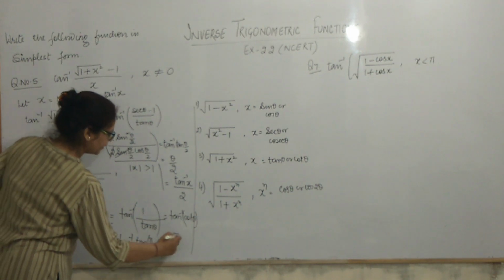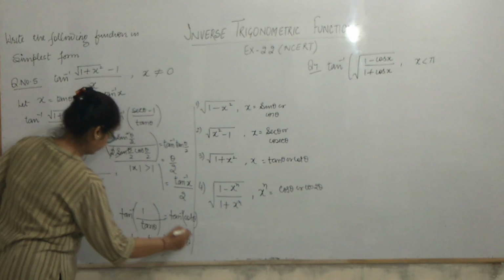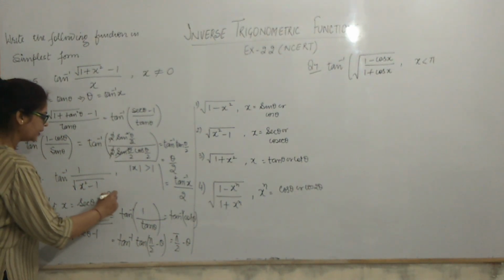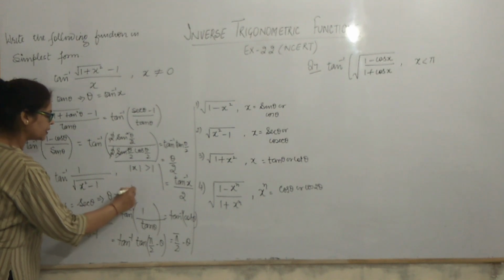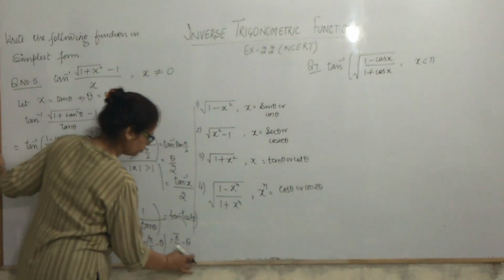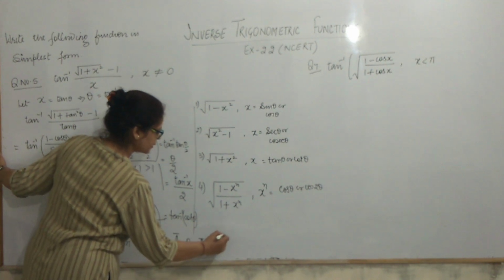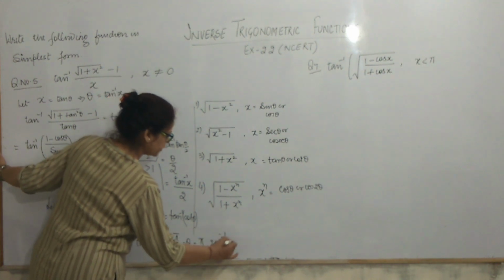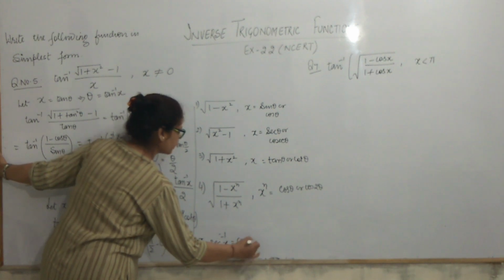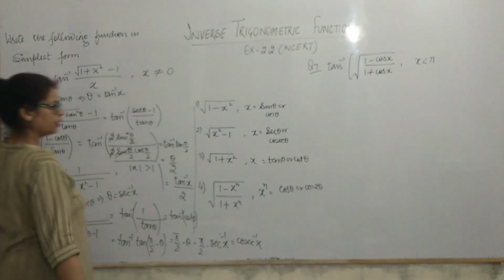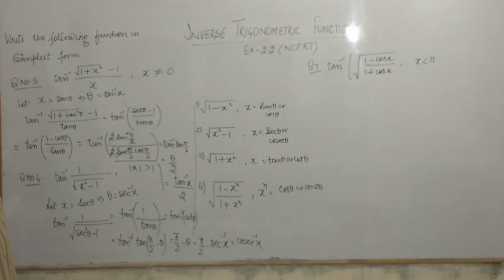So it can be written as 90 minus theta. If x is equal to sec theta, then theta is equal to sec inverse x. So pi by 2 minus sec inverse x. This is cosec inverse x. You may leave your answer here or here. It makes no difference, right?